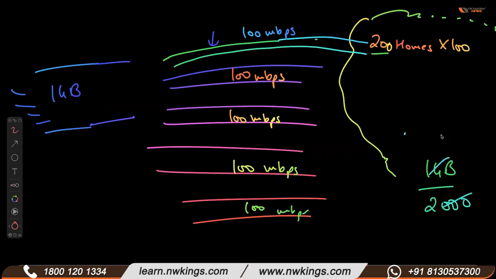It means how much? 5 MB, right? तो 5 MB तो आपको आएगा ही आएगा. Because for this 200 home area or sector or any particular area, the link is 1 GB. So it means the minimum. So this is what we call shared broadband.